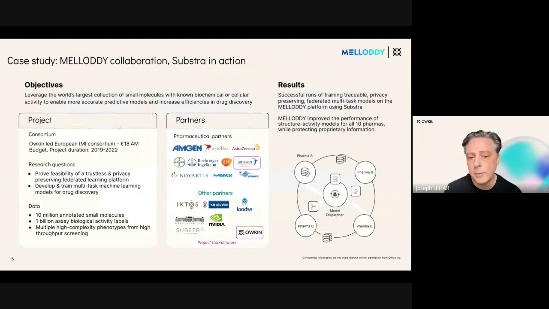One nice case study of where we've brought federated approaches to a very challenging environment is the Melody collaboration. With the Melody collaboration, we got 10 pharma companies to collaborate by bringing their data sets in connection together so they could learn from each other's experience from their structure activity models. Essentially, learning how chemical structures relate to biological activity.